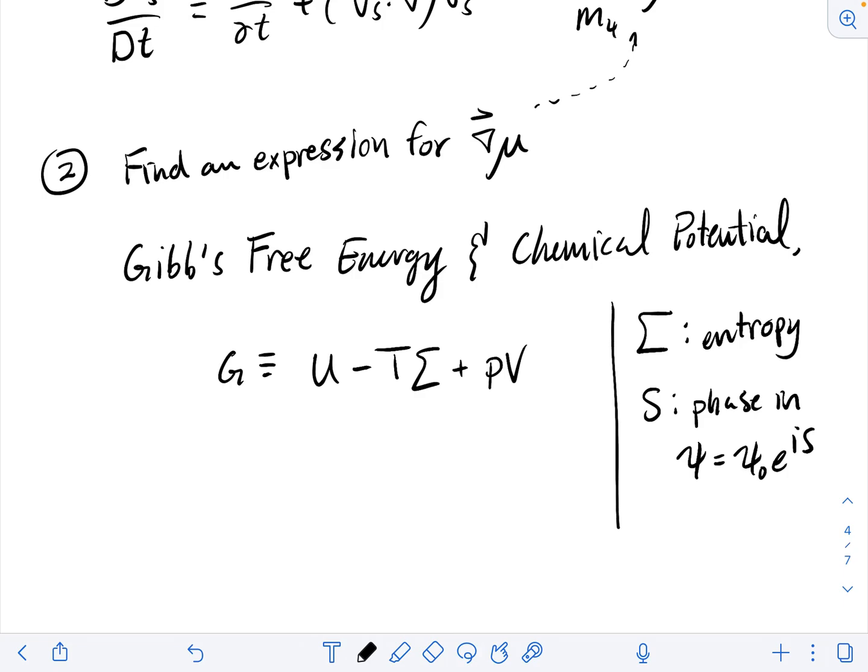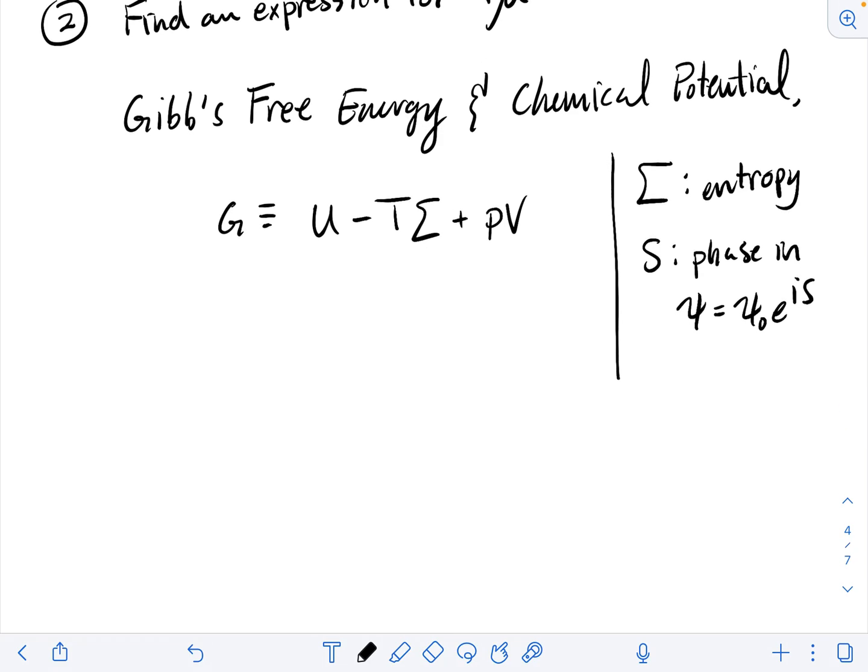Okay, good. So if I take a differential of the Gibbs free energy, I would get dU minus T dSigma minus Sigma dT plus P dV plus V dP.